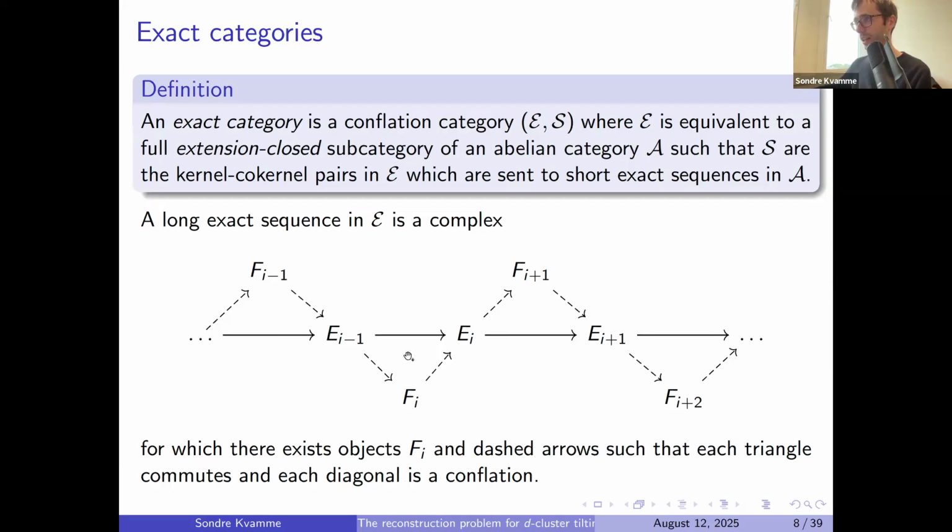And secondly, each diagonal is a conflation, so it's one of these kernel-cokernel pairs that lies in S. So we see from this that the morphism e_{i-1} to e_i is the composite of the morphism from e_{i-1} to f_i and the morphism from f_i to e_i, and then similarly for each triangle. This tells you that this complex is somehow glued up by these conflations. So that's what we mean by a long exact sequence in an exact category.